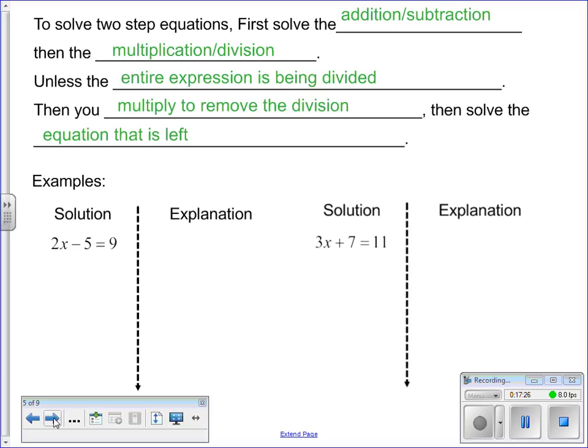Technically, you don't have to, but it's a lot easier if you do it this way. You can divide everything. I can, on that first problem, divide everything by 2 first. It makes it harder. And we want to do things the easy way, right?